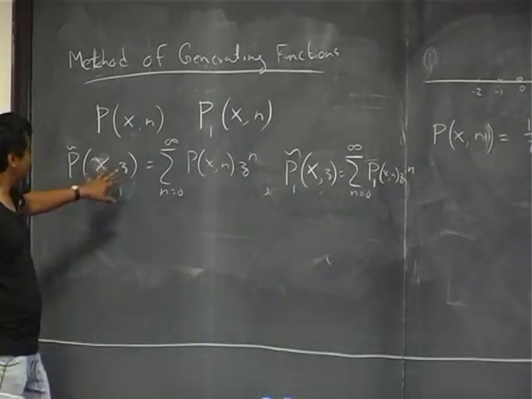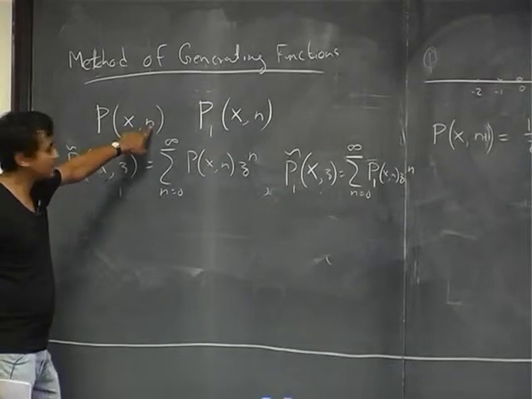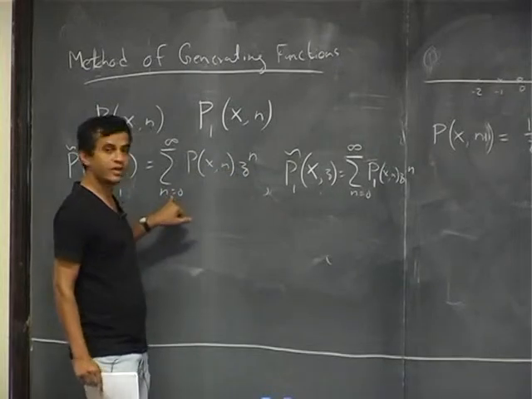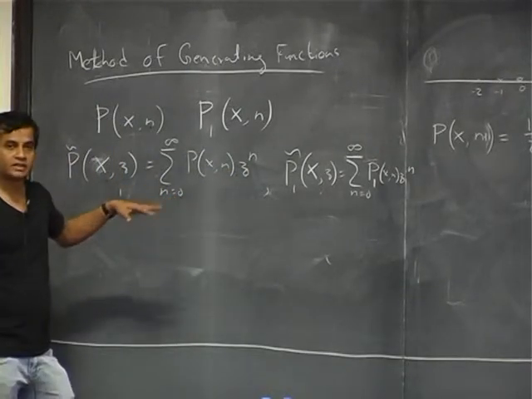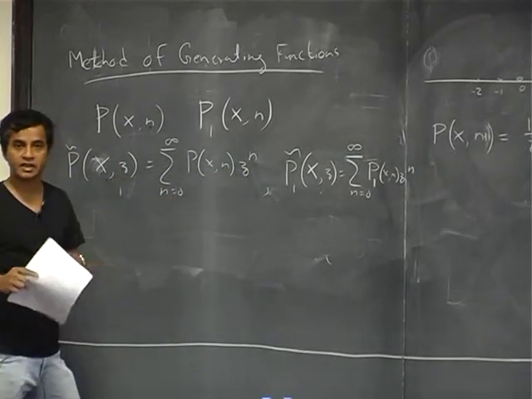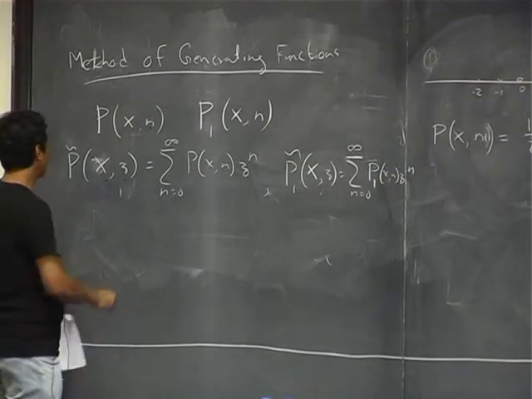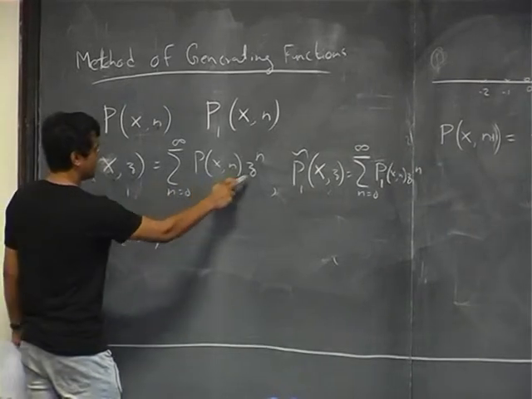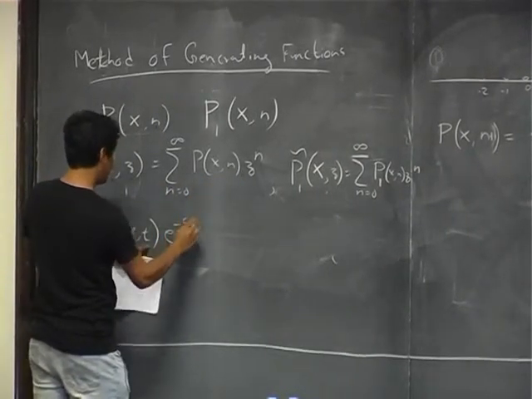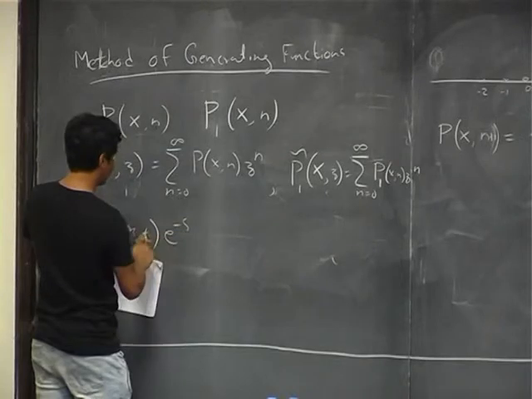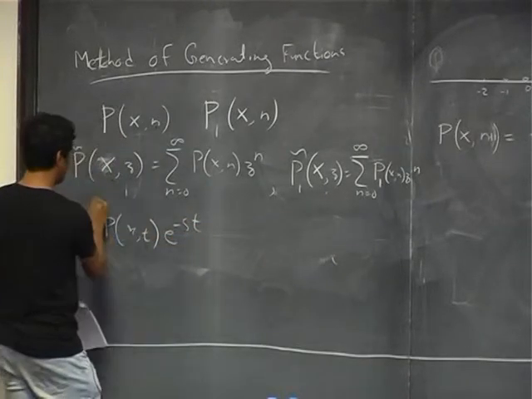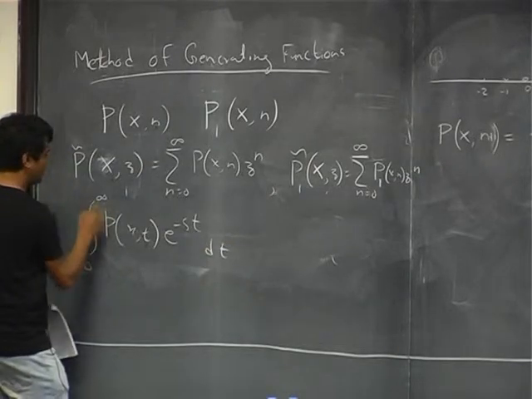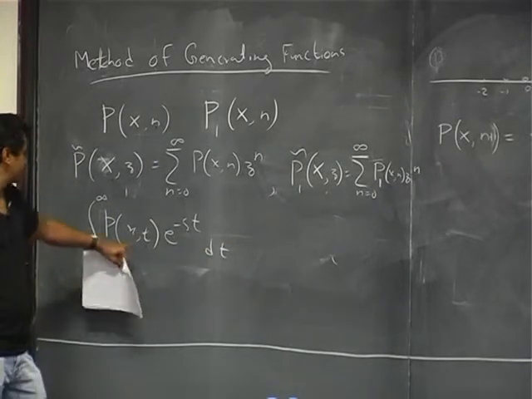So what is a generating function? It's basically, this is time, right? And I'm taking z to the power n and summing over all time, right? So if you think of continuous time, it's like doing a Laplace transform. If you had continuous time, what would I do? P of x t, I would do something like it. This is the time variable, right? I'm summing over n, so I can integrate over t and put an e to the minus s t here, and integrate over all time. Right, and this is a Laplace transform of this variable.